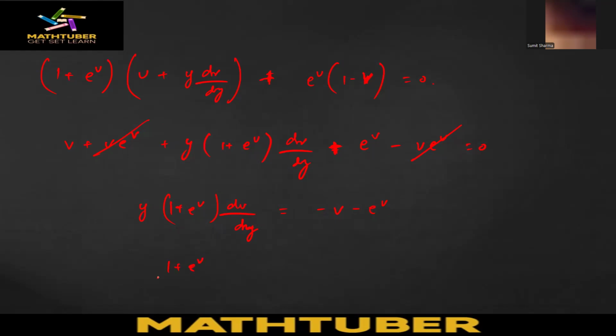(1 plus e raised to power v) upon (v plus e raised to power v), as we can take minus common from here, you will get minus dy upon y, and integrating both the sides here. So now you can see the numerator in this step is actually the differentiation of the denominator, right?